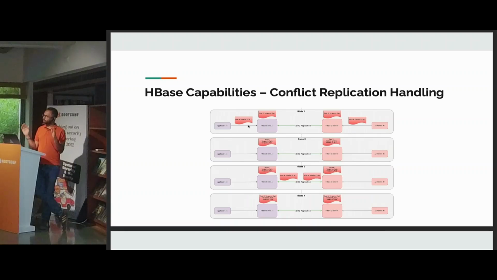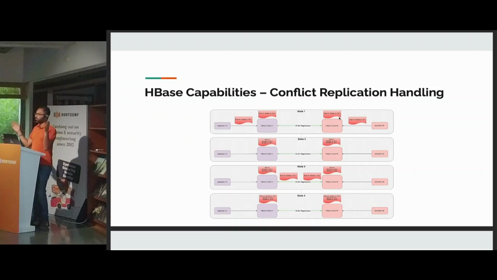Both are active, both are modifying the same data. For row X, on data center A a change is made to become B, and on data center B a change is made to become C, at different points in time, T1 and T2. So there is a possibility of a conflict because you are writing the data on both sides at very near times, with T1 and T2 being a very small difference.